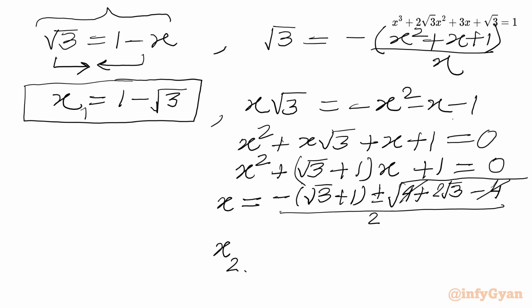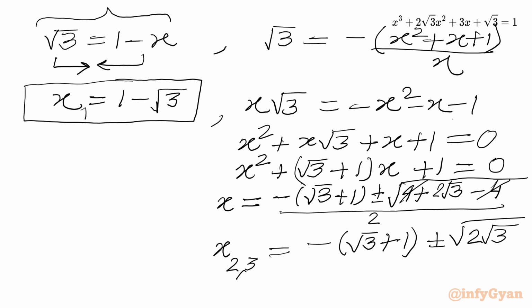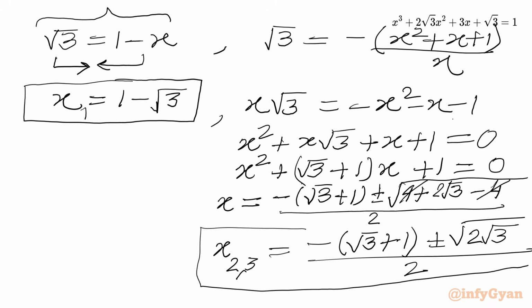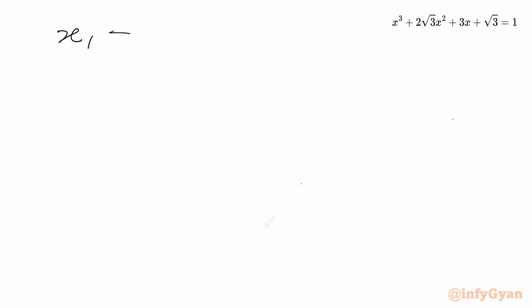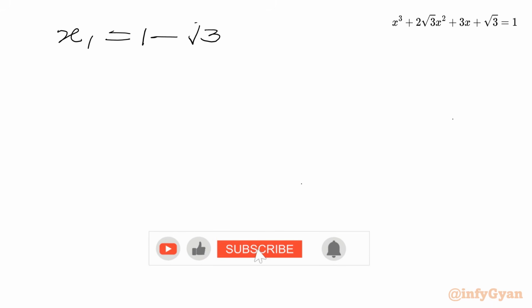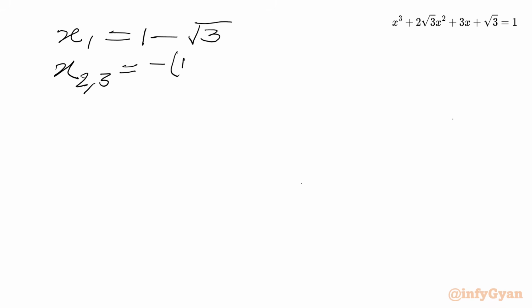We will get x2, x3 equal to minus root 3 plus 1 plus minus square root of 2 square root 3 over 2. So in total we have 3 real solutions. All the 3 solutions are real. Let me write here x1 equal to 1 minus root 3 and x2, x3 would be equal to minus 1 plus square root 3 plus minus square root of 2 square root 3 over 2.